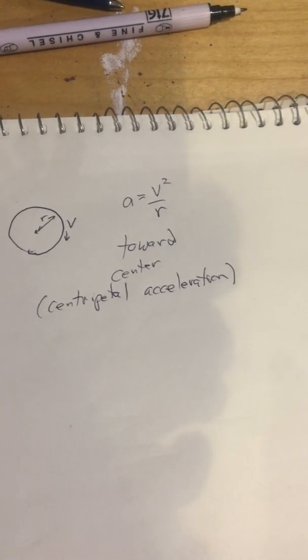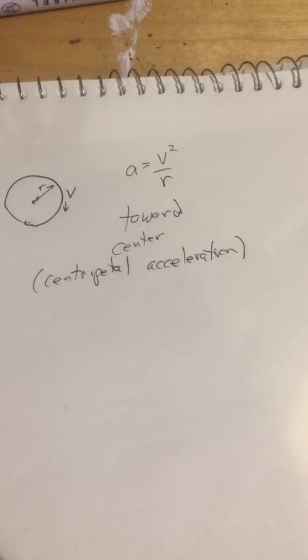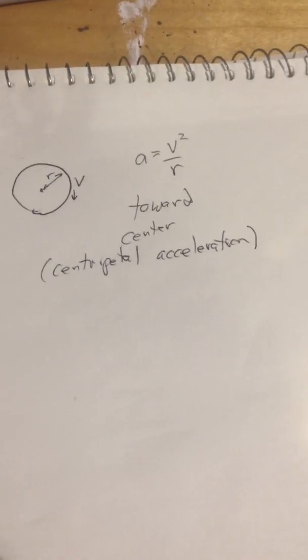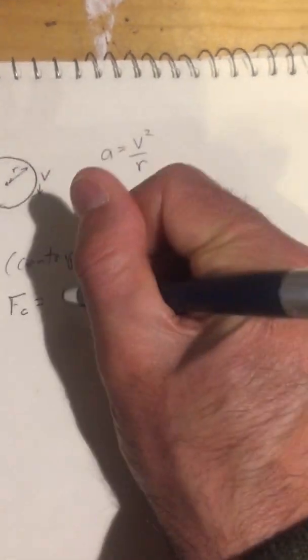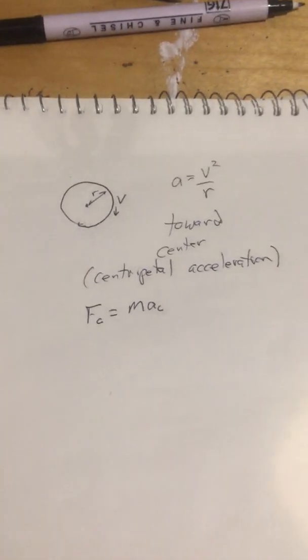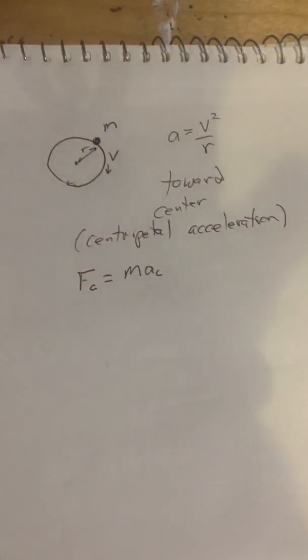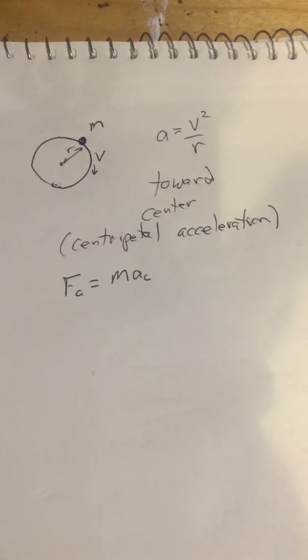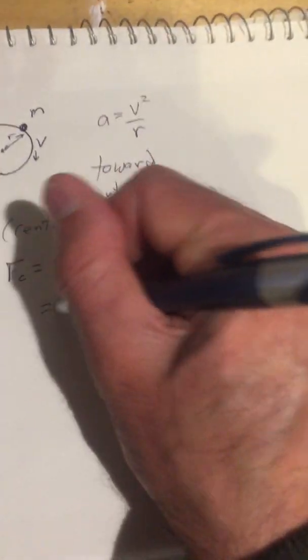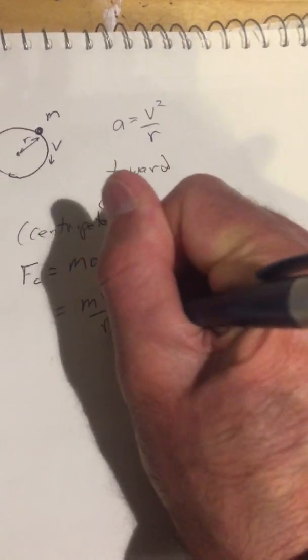Now, the acceleration, including the centripetal acceleration, is going to be caused by the centripetal force. And the relationship between the two is still Newton's second law that you've come to know and use throughout the semester. That the centripetal force is equal to the object's mass, the mass of the object moving in the circular path, times the centripetal acceleration, or, if you like, mv squared over r.